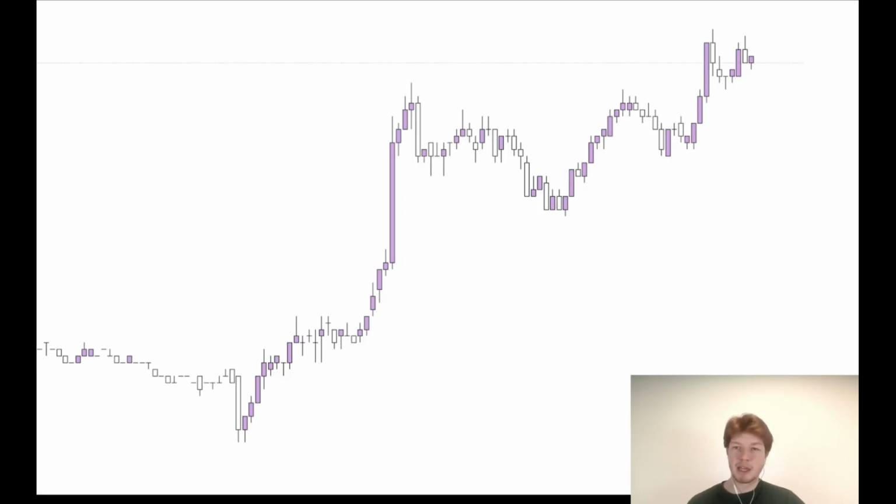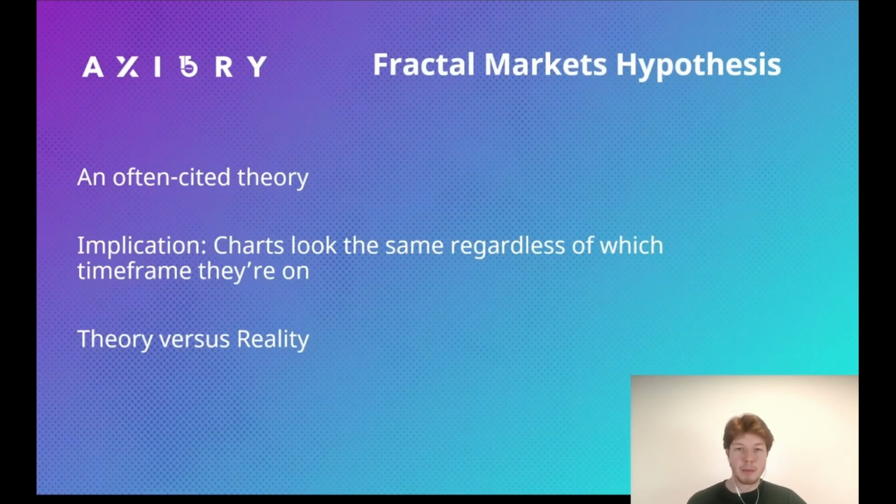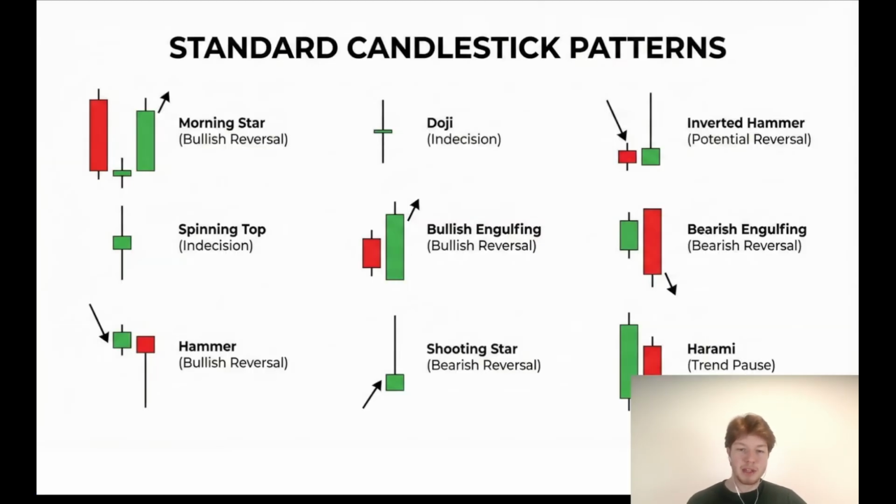Especially in the beginning, when you're still figuring everything out, it might be very difficult to learn chart patterns and technical analysis if you're constantly switching between tons of different charts. For example, if we go back to our candlestick patterns, a market like Nasdaq is very prone to making hammers or shooting stars.